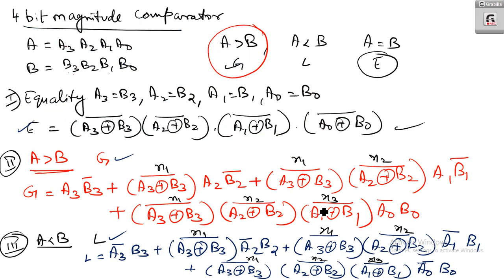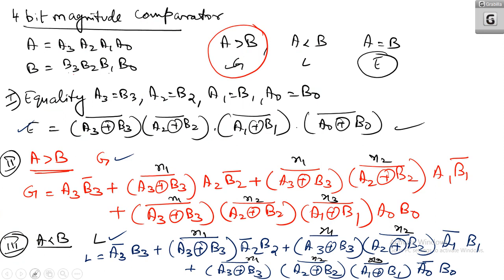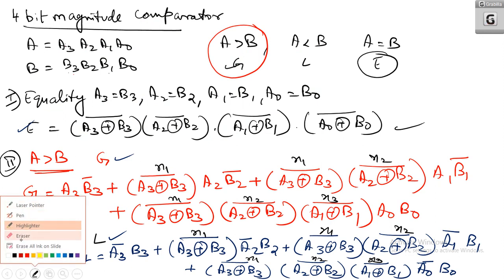Now one more is what? That is X1, X2, X3, A0 bar, A0, B0, right? It's not A0 bar, sorry, there is a mistake over here. So you should write it as A0, B0 bar.